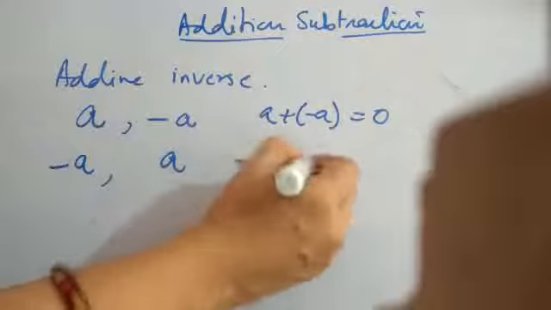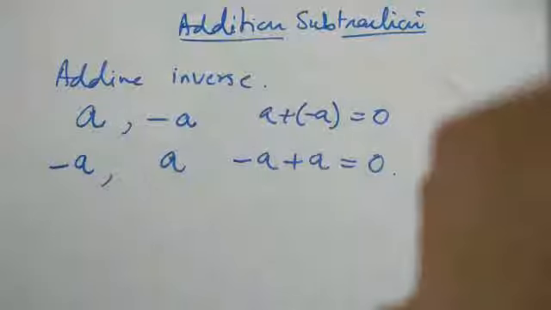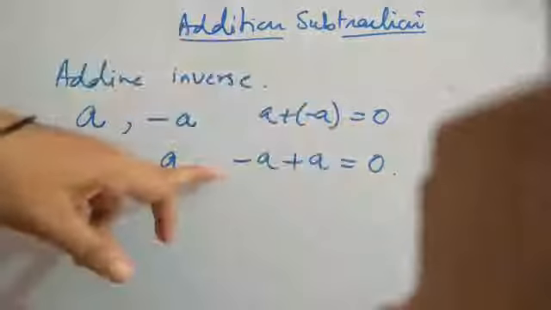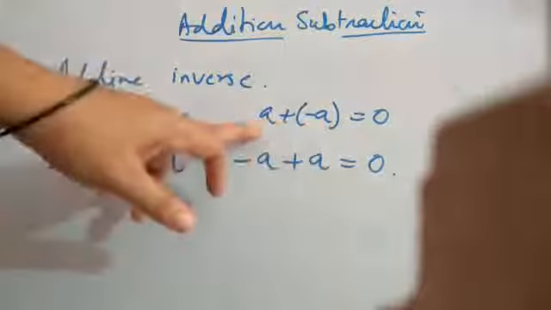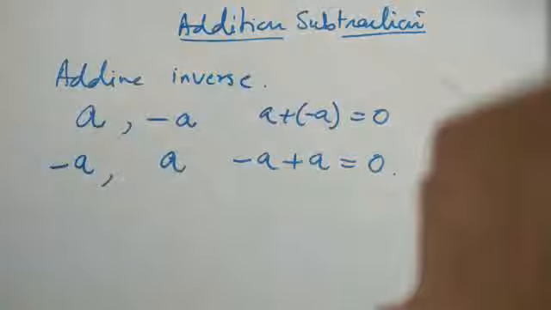When you add a to minus a, again you get 0. That is, the additive inverse added to the number will give you 0, right?